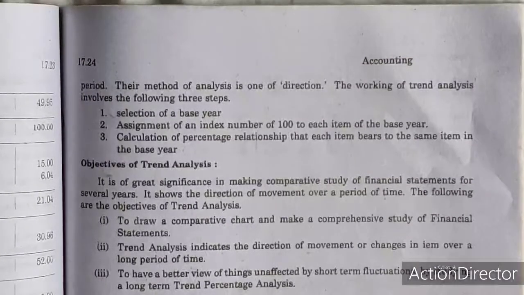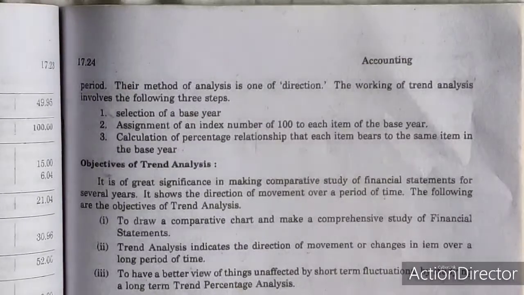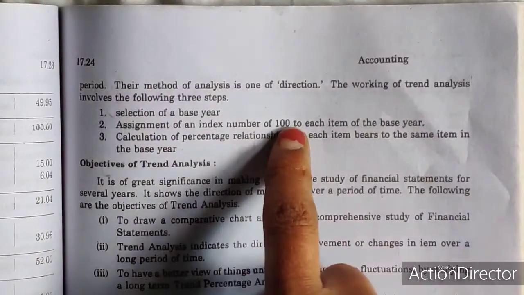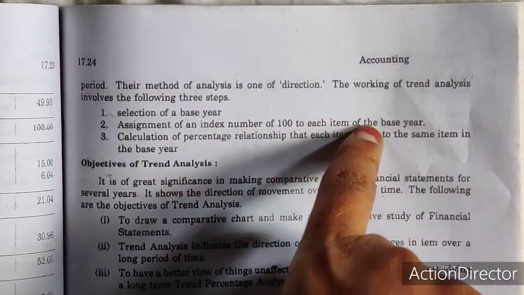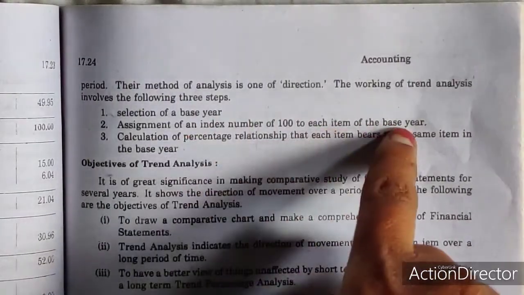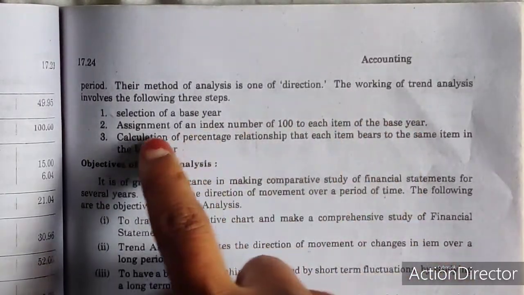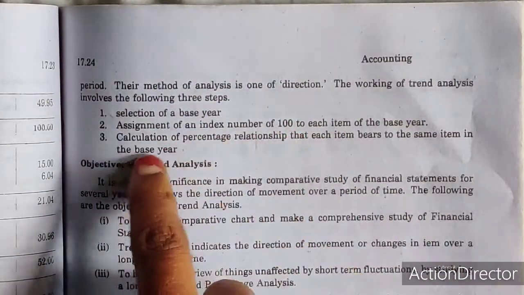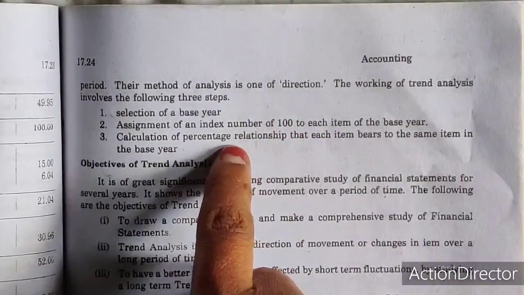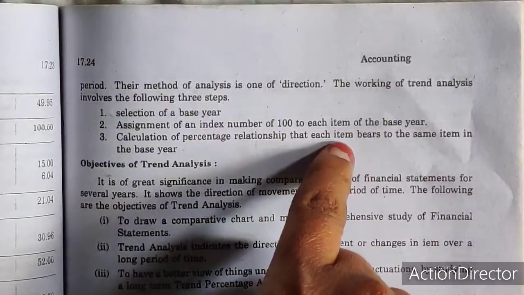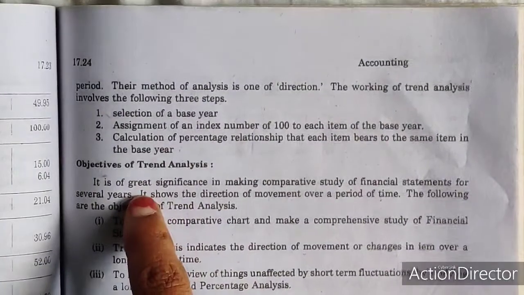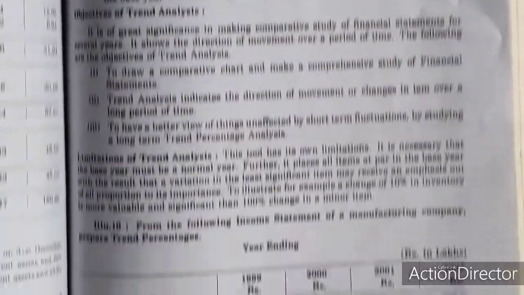First we have to select one base year, and for that base year you have to assign all the values to 100. I will show you how it is done. Then comes the calculation of the percentage relationship that each item bears to the same item in the base year. In this way we will find out the trend analysis.